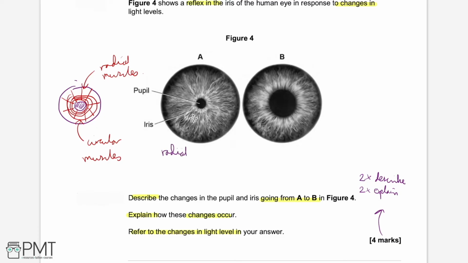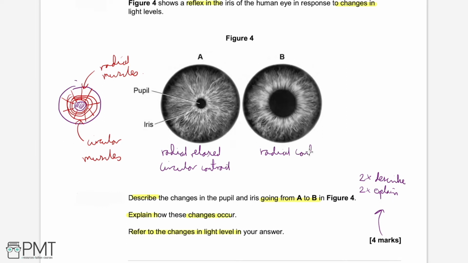Well, in A, the radial muscles are relaxed, which means they're elongated, so the pupil is smaller, whereas the circular muscles are contracted. When they're contracted, they become wider and therefore push apart, causing the pupil to become smaller. In B, the opposite is the case.